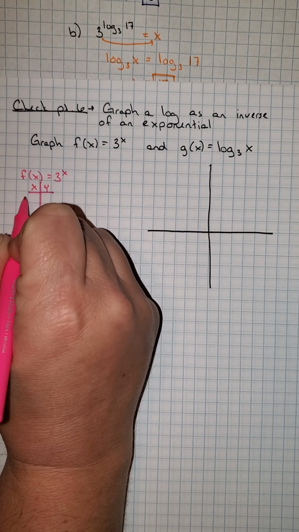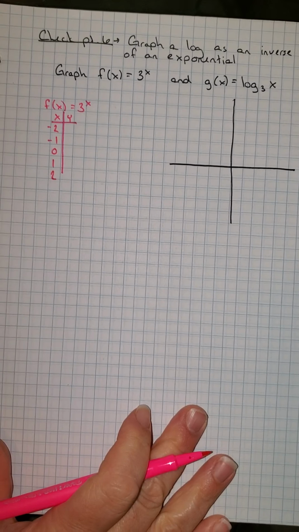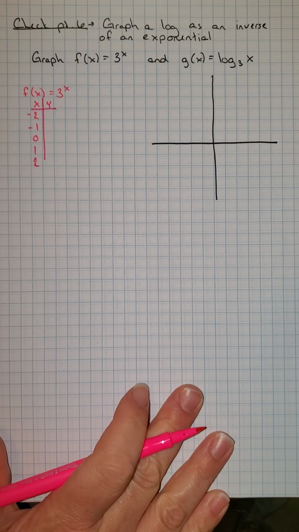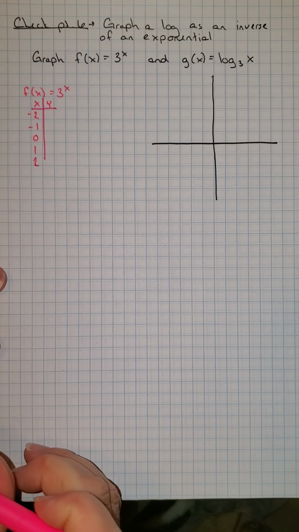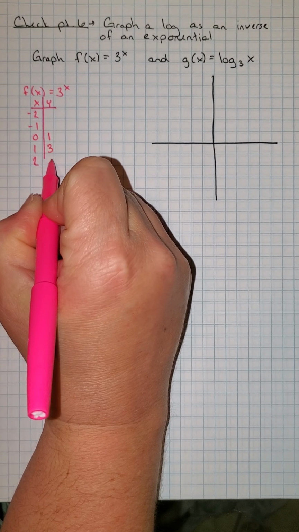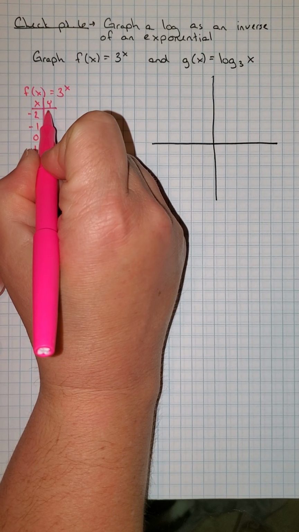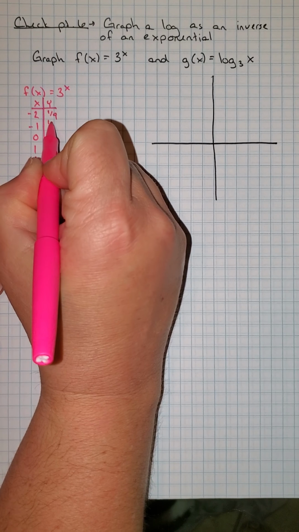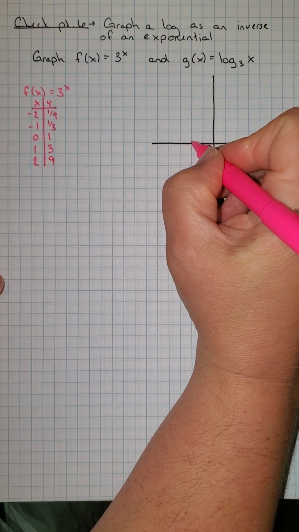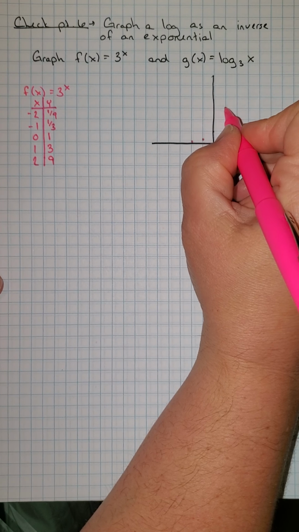If we did a table for x, you're putting in -2, -1, 0, 1, and 2, and evaluating the y values at those points. So 3 to the 0 is 1, 3 to the 1 is 3, 3 to the 2 is 9. These would be the flip: 3 to the -2 is 1/9, 3 to the -1 is 1/3. And we'll plot those just the same way we had the other day.